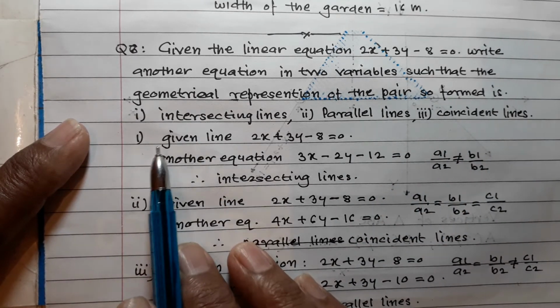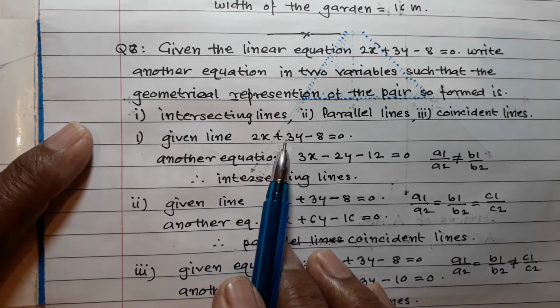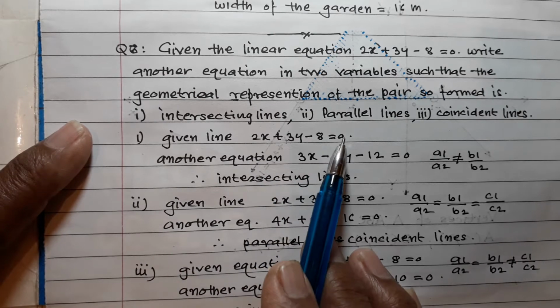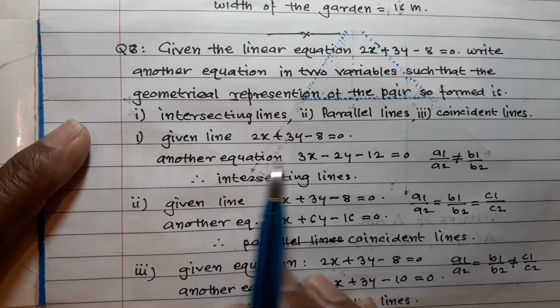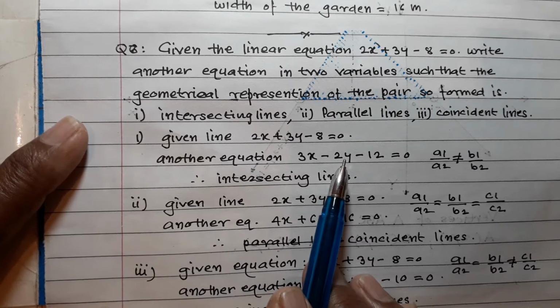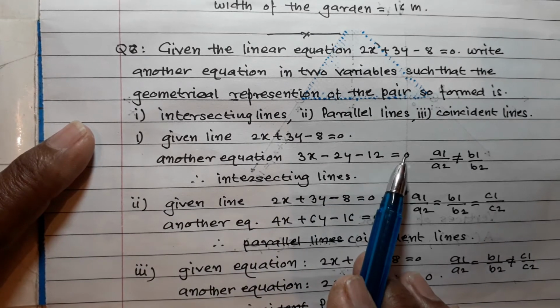Okay. 1. Given line 2x plus 3y minus 8 is equal to 0. Other equation 3x minus 2y minus 12 is equal to 0.